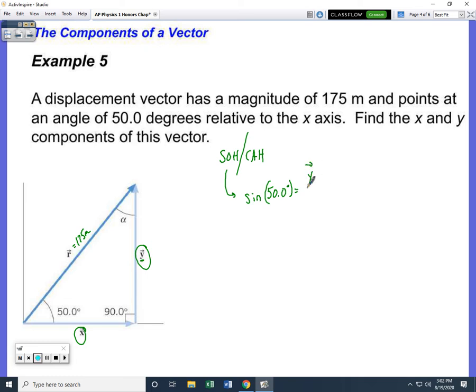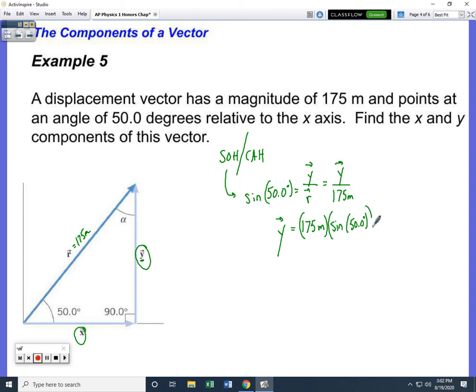So it's the y vector over the hypotenuse vector, or the resultant vector. So this would be y, how far up or how far north they are, divided by 175 meters. So to figure out how far they went up, we would actually be taking the 175 meters and multiplying by the sine of 50 degrees.